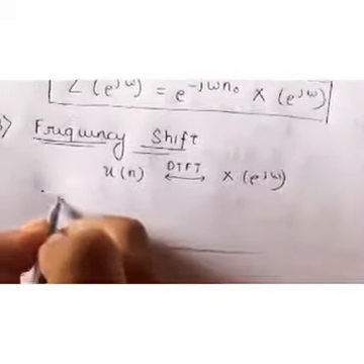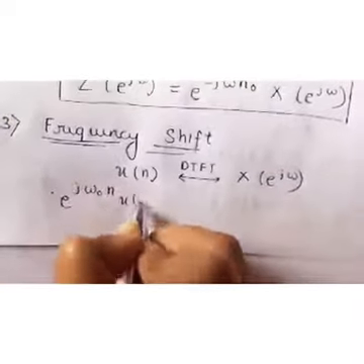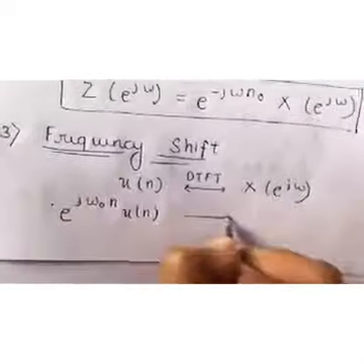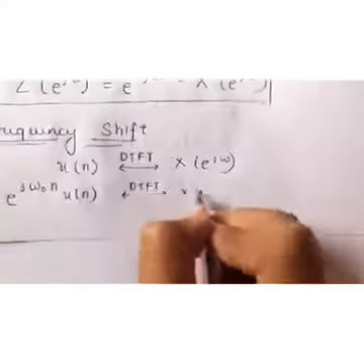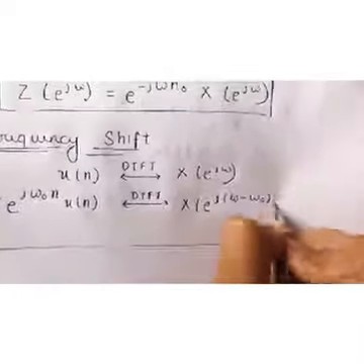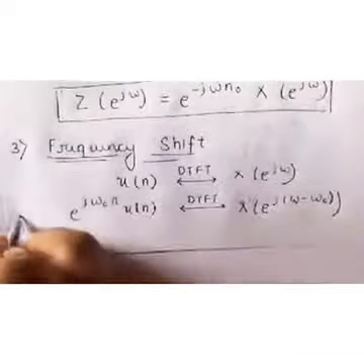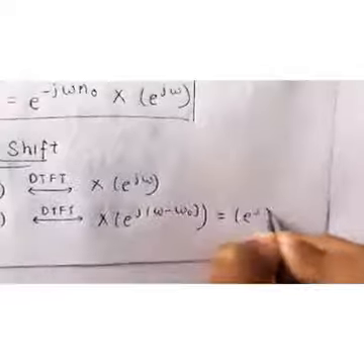Then e to the power j omega naught n times x of n has DTFT X of e^j omega minus omega naught. That's an input. Let this be z of n, and let this be Z of e^j omega.